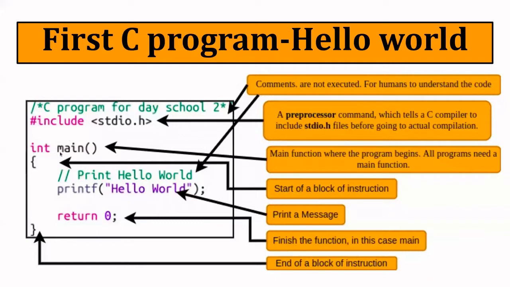This main is the starting point in C programming. You have to start with this main and two brackets. This is called the main function, where the program begins.